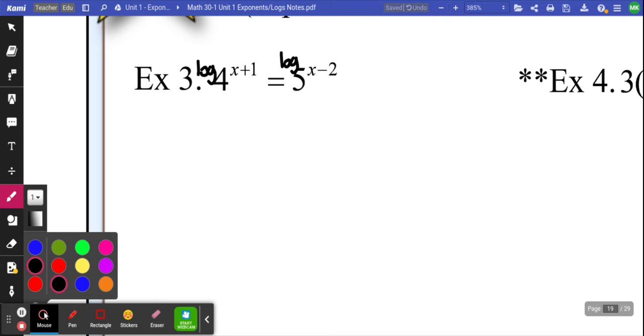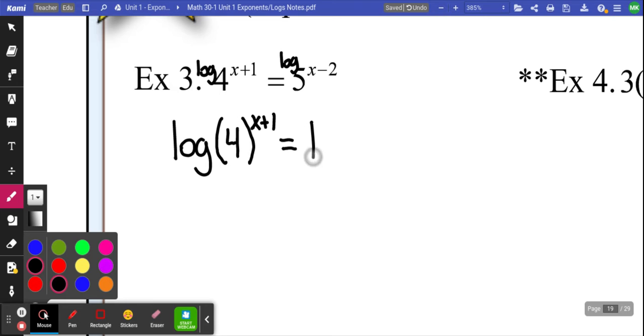What that means is this is now log base 10 of 4 to the power of x plus 1. This side is log base 10 of 5 to the power of x minus 2.